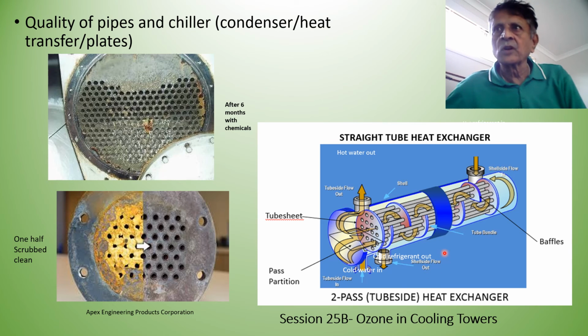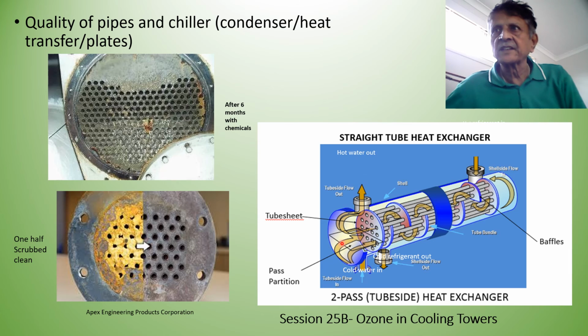The chilled water flows into one side of the condenser and moves in one half, flows through and returns through the other half and flows upwards.